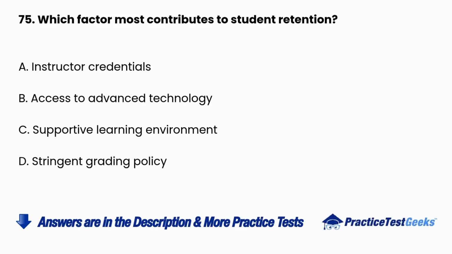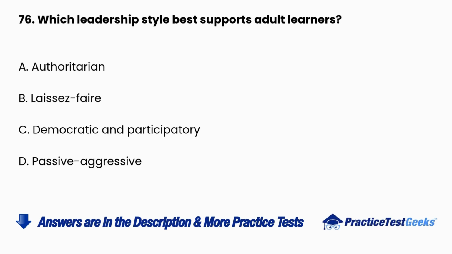B. Access to advanced technology. C. Supportive learning environment. D. Stringent grading policy. 76. Which leadership style best supports adult learners? A. Authoritarian. B. Laissez-faire. C. Democratic and participatory. D. Passive-aggressive.